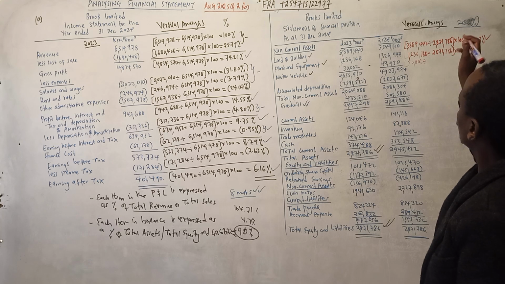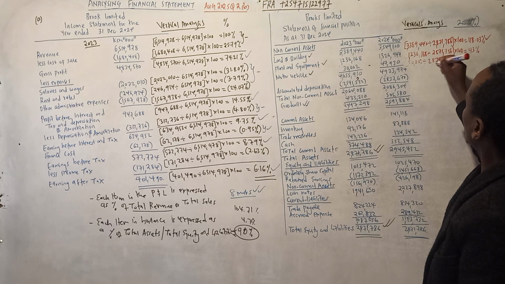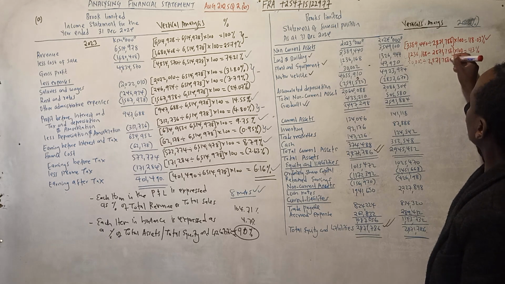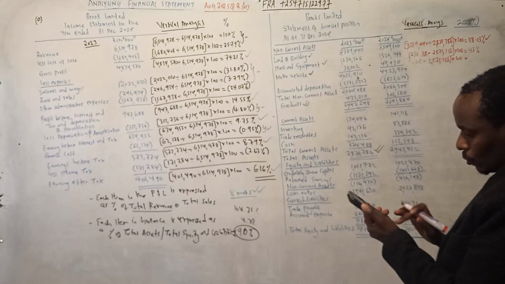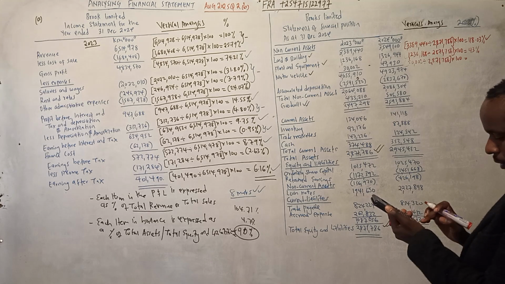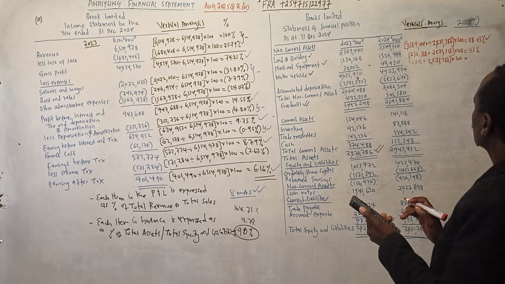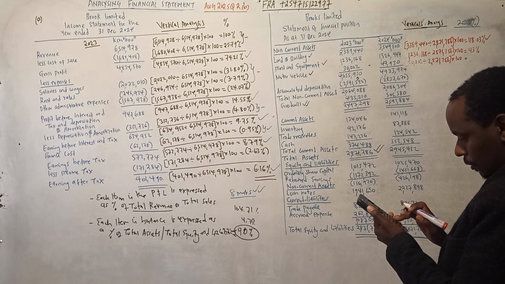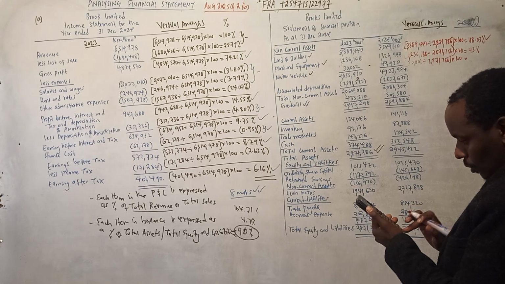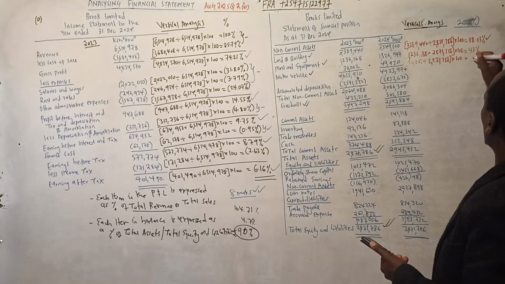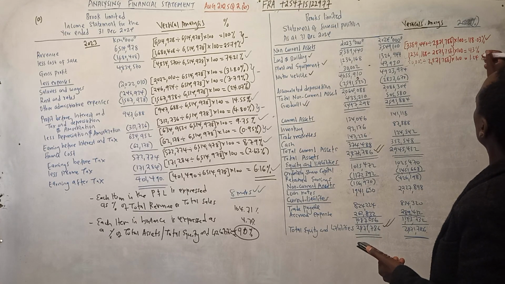30,002 divided by 2,871,786 times 100, or 1.04%.